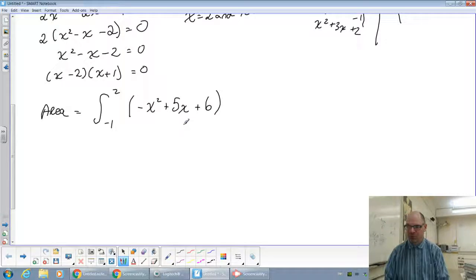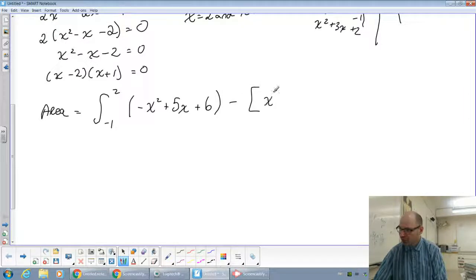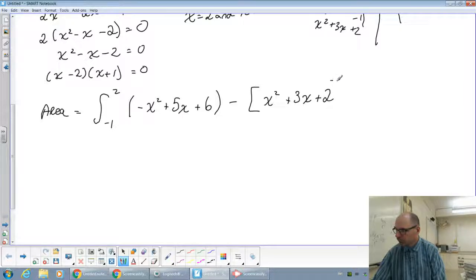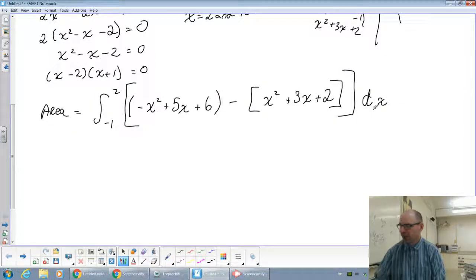That's the top curve. Subtracting the bottom curve. So the bottom curve was x squared plus 3x plus 2. Put it in brackets like that, and this is the whole thing, dx.